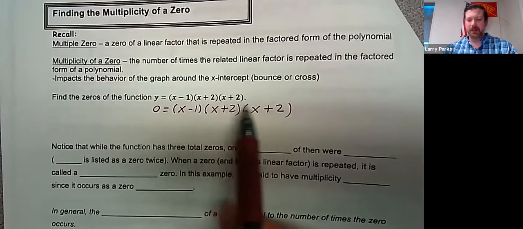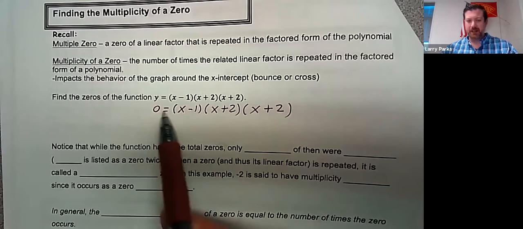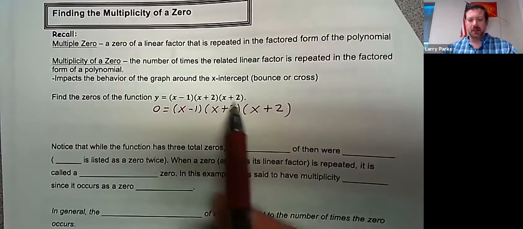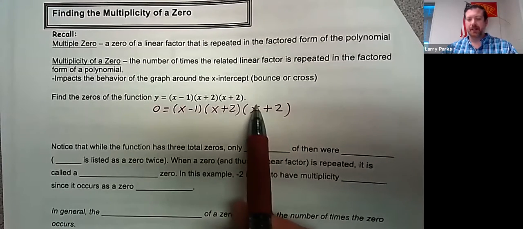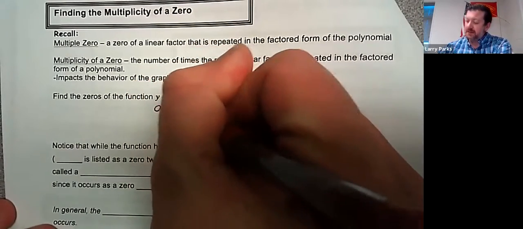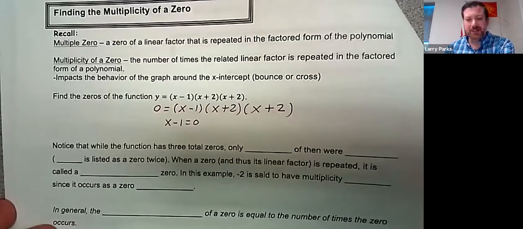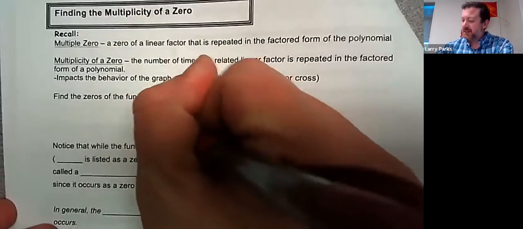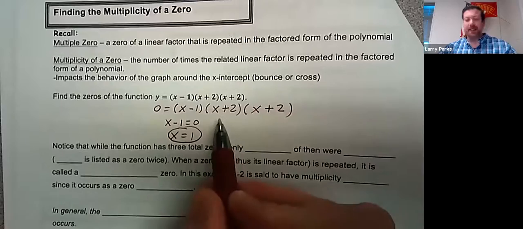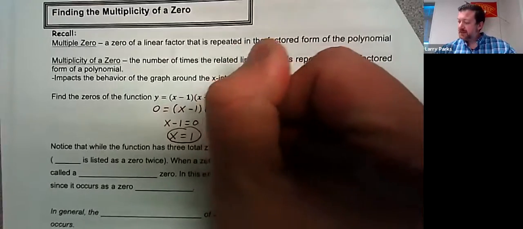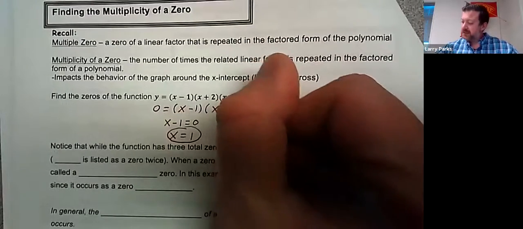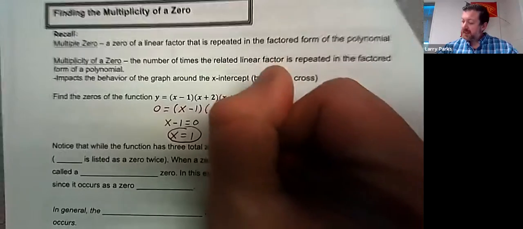So if you're multiplying 3 terms together and you get 0, then either this is 0, or this is 0, or this is 0. So I would set all 3 equal to 0. If I set x minus 1 equal to 0, I'd get x equals 1. If I set x plus 2 equal to 0, and I subtract 2 from both sides, I get x is negative 2.